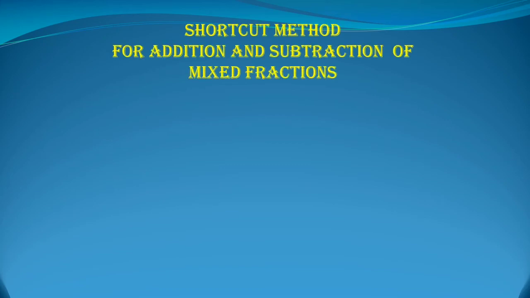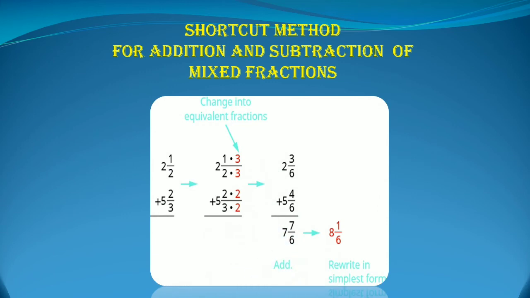Now the shortcut method for addition and subtraction of mixed fractions. Here we can see I have two mixed fractions, 2 and 1 by 2, and another is 5 and 2 by 3. Here 2 and 5 are the whole parts, okay, and 1 by 2 and 2 by 3 are the fractions. Here the denominators are different. In the first the denominator is 2 and in the second the denominator is 3.